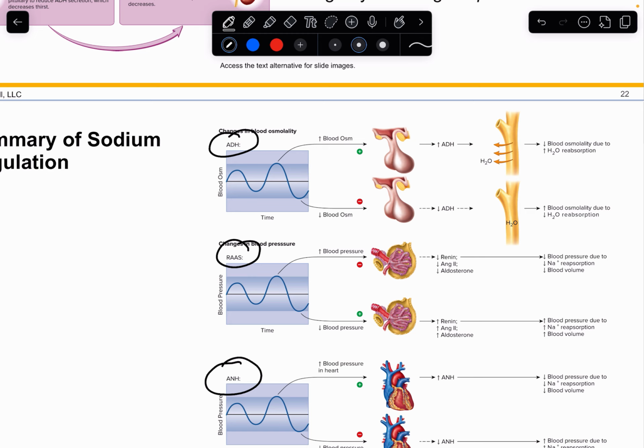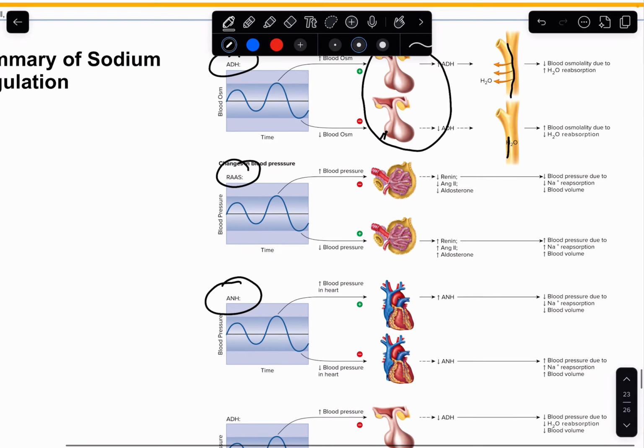Also it can regulate blood pressure. So for ADH, the hypothalamus is producing that ADH, through the posterior pituitary, then going to the kidney tubules, affecting the kidney tubules to do what? Reabsorb sodium and water.